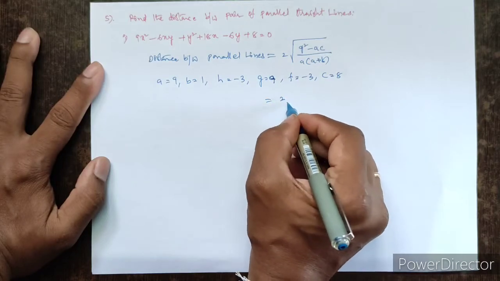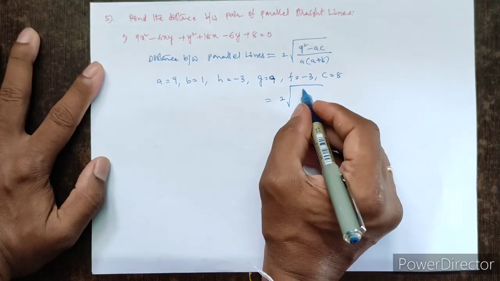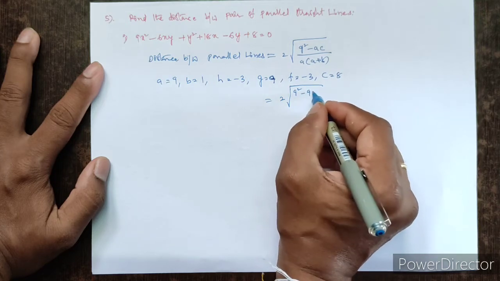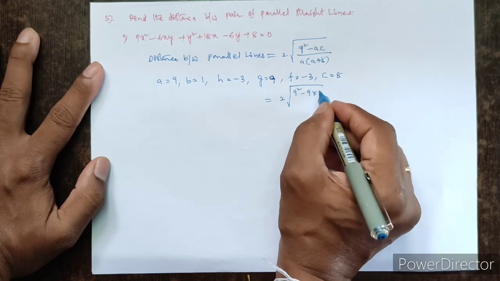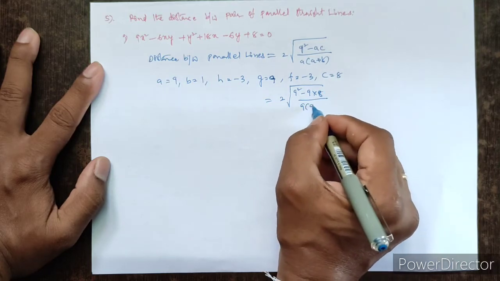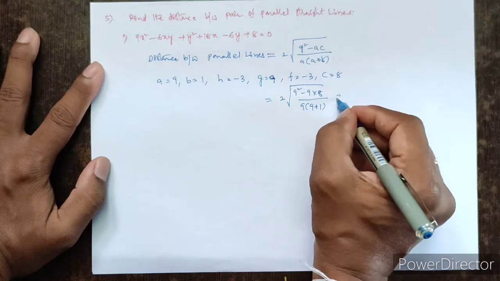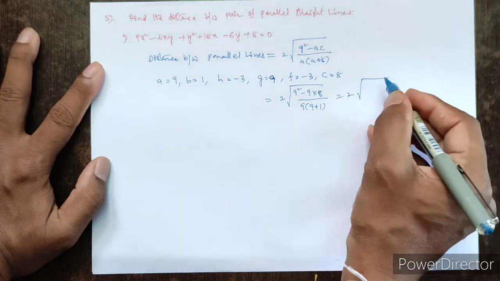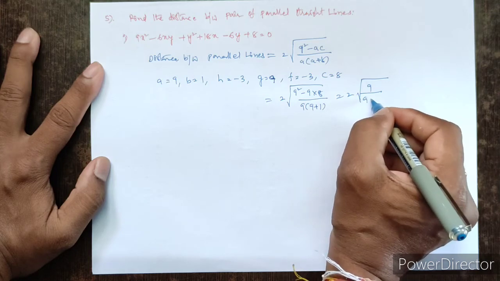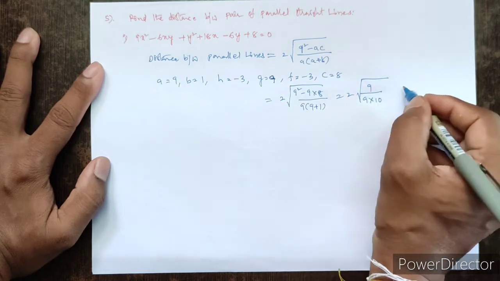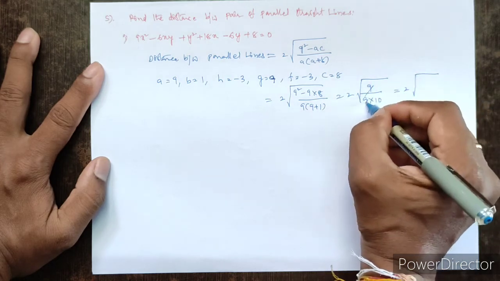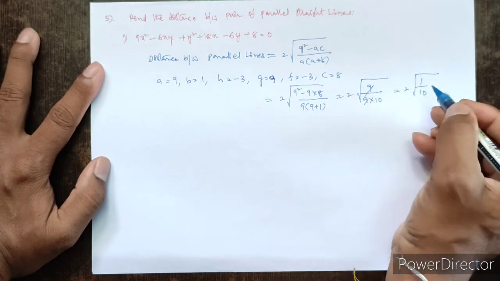Just substitute 2 into root of g square. G square is 9 square. AC is 9 into c, which is 8, by 9 of 9 plus 1, that equals 2 root of 9 by 9 into 10. 9 into 10, that equals 2 root of, the 9s get cancelled, 1 by 10.